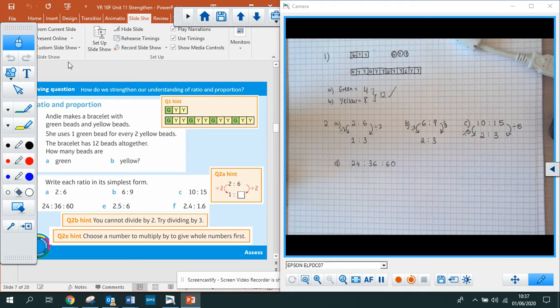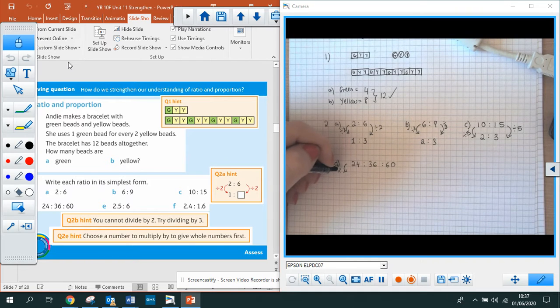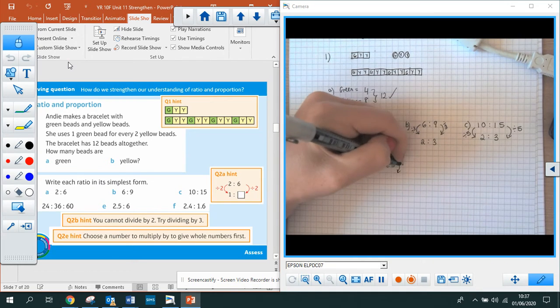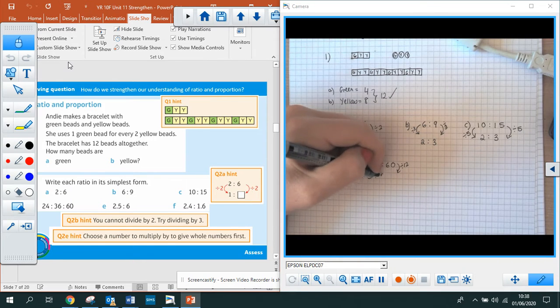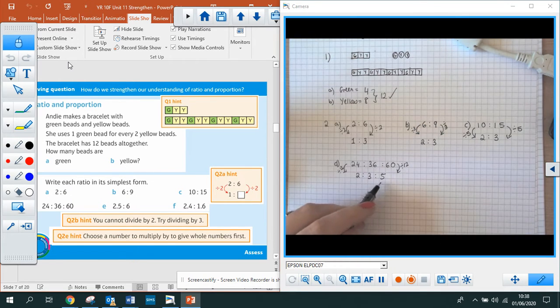You could have started with 2. So I'll first do it by starting with 12, and then I'll show you the example again to show you if you did it with 2 instead. Okay, so I'm going to divide by 12. 24 divided by 12 is 2. 36 divided by 12 is 3. And 60 divided by 12 is 5. And there's my ratio in its simplest form.